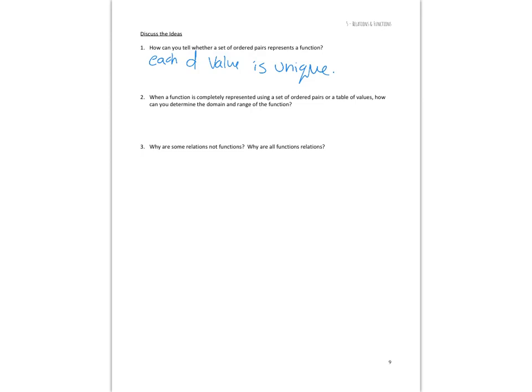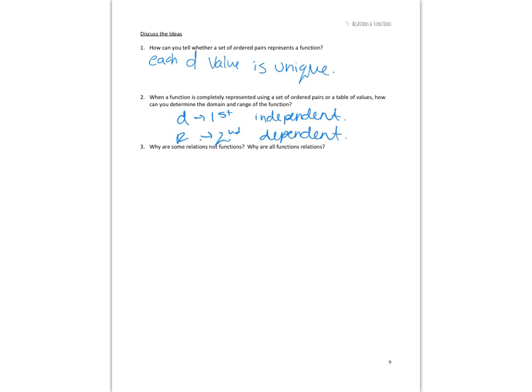When a function is completely represented using a set of ordered pairs or a table of values, how can you determine all of the domain and range of the function? Again, the domain is the elements listed first, or the independent variable. And the range values are listed second, and these are the dependent variables.